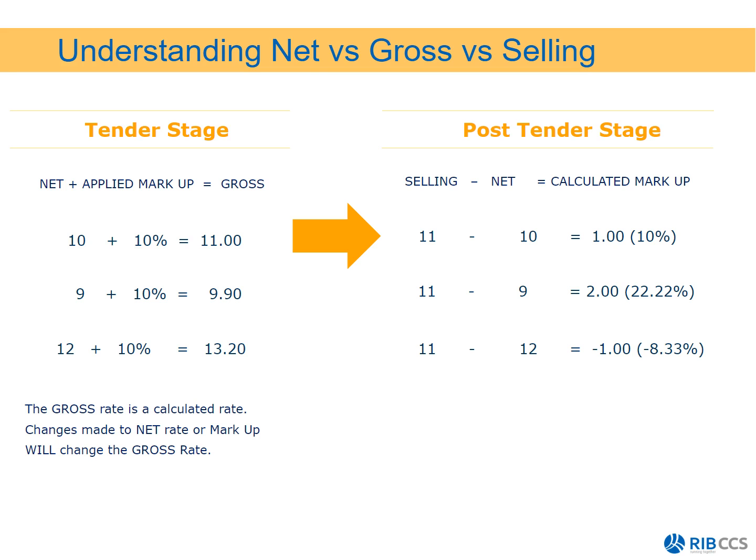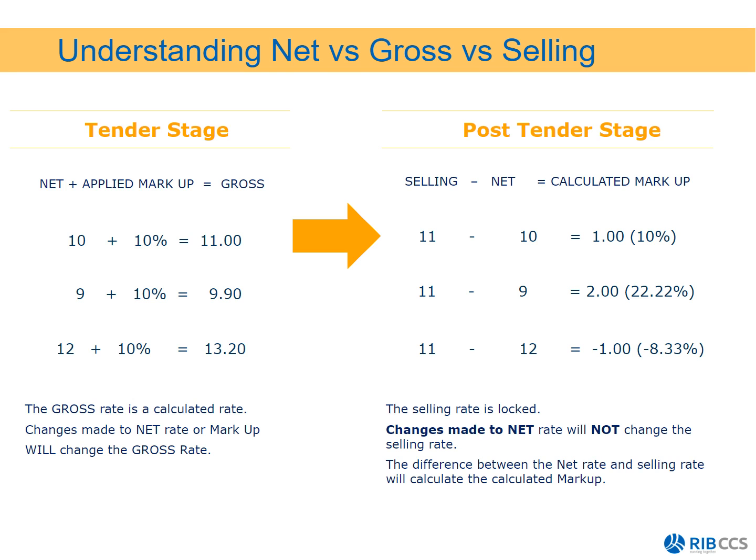If we are not able to get our resource for 10, we're only able to get it for 12, and we've only charged the client 11, it means we're actually going to lose 1, which makes it a negative 8.33%. So the selling rate is locked, and changes made to the net rates will not change the selling rate, and the difference between the net rate and the selling rates will calculate the calculated markup.